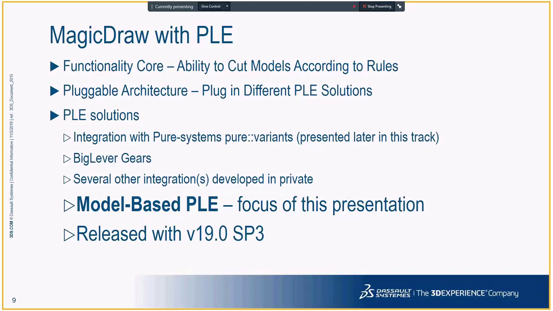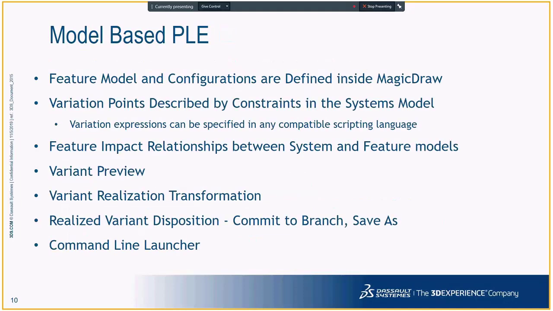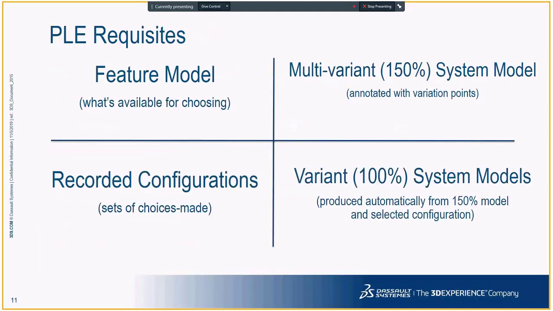Okay, we'll talk about these items in there. Okay, so let's repeat. For PLE, we need to have four things. So the multivariant system model, annotated with variation points, a feature model which describes in a succinct way possible options or possible choices or possible features.